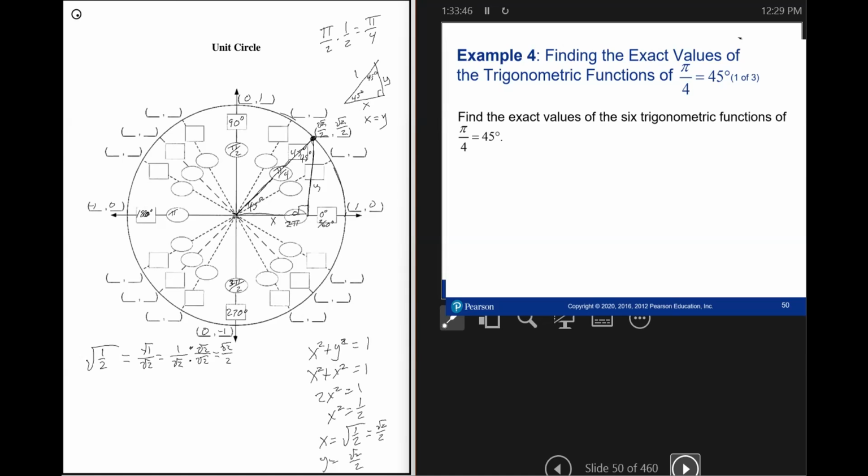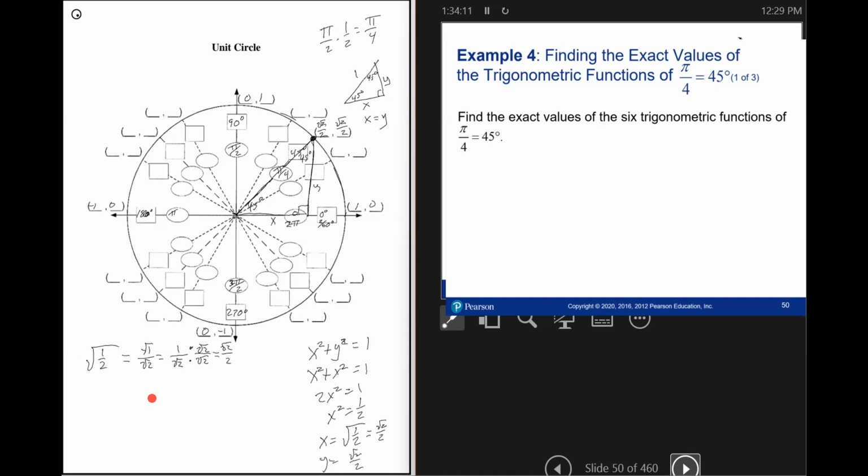And cotangent is the reciprocal of tangent. Tangent's 1, so the reciprocal of 1 is 1. It's the only number that is its own reciprocal. Well, 1 and negative 1. They're their own reciprocal, because when you multiply them together, you get 1.